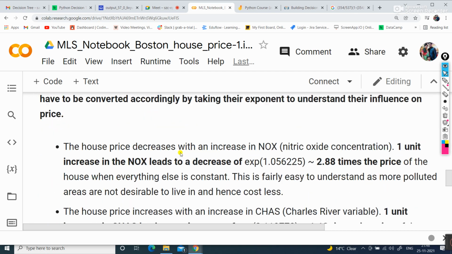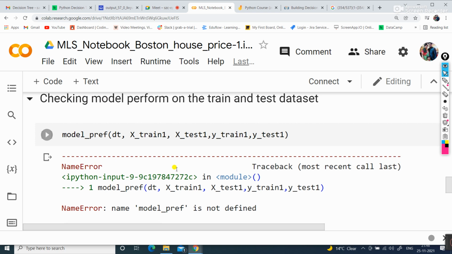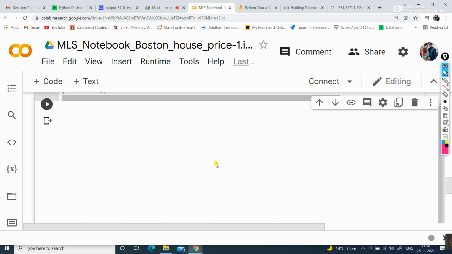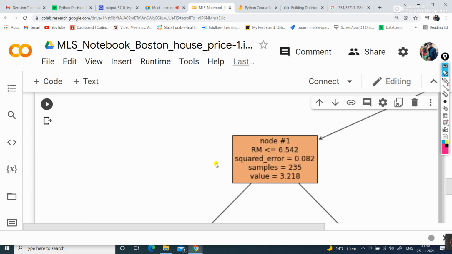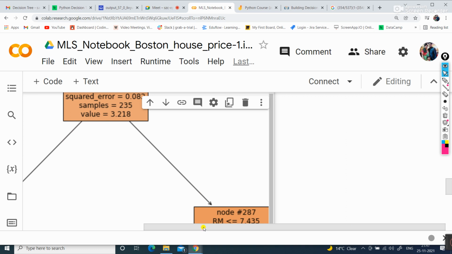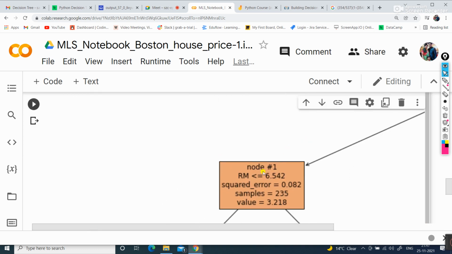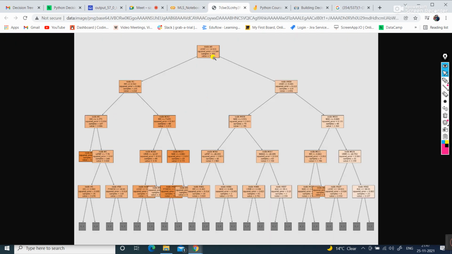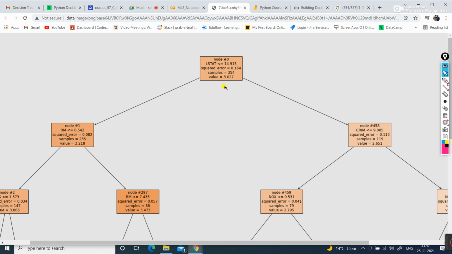What's the first value here in the decision tree? They have LSTAT, which is the lower status of the population. So they started with that. I can open a new file. Yes. So how many? One, two, three, four, five. So total five levels are there.